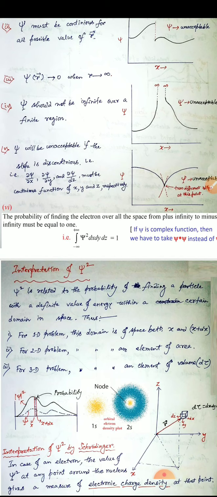For 1D, it is the space between x and x plus dx, that is, within a small range. For 3D, it is the volume, that is, dV.